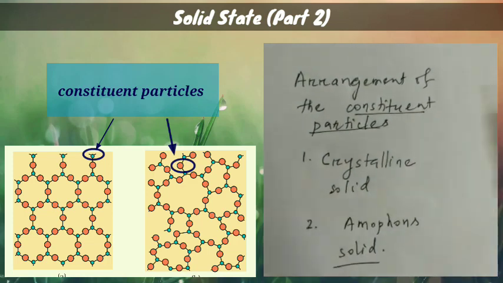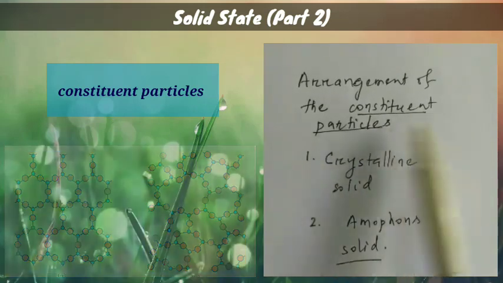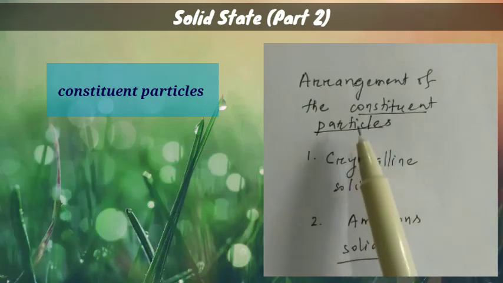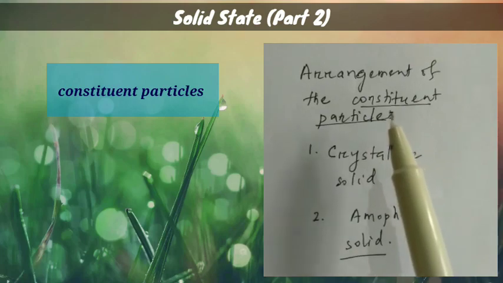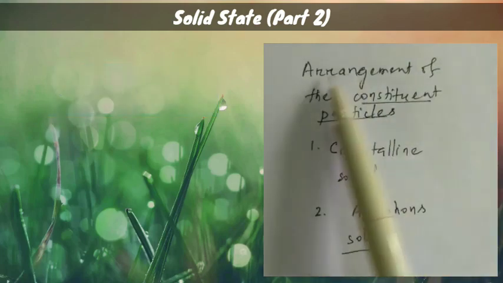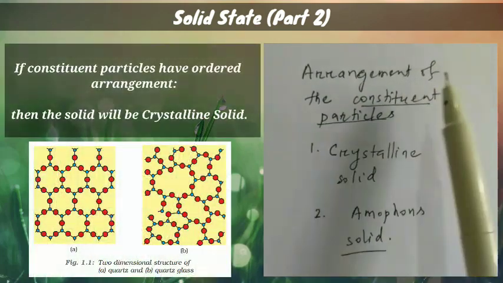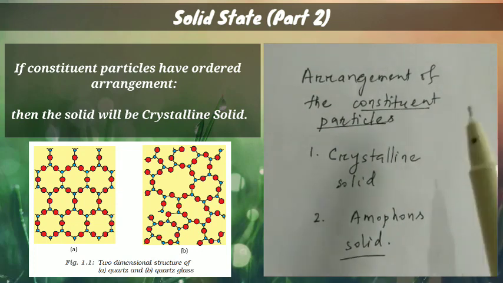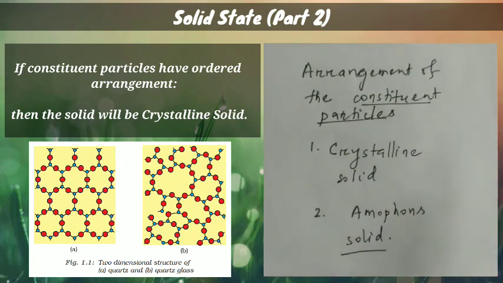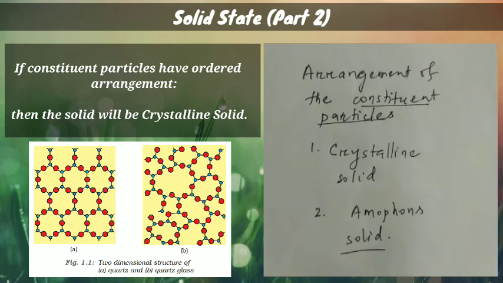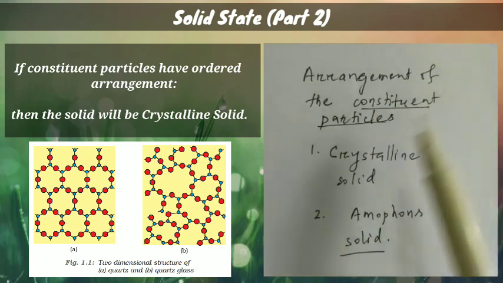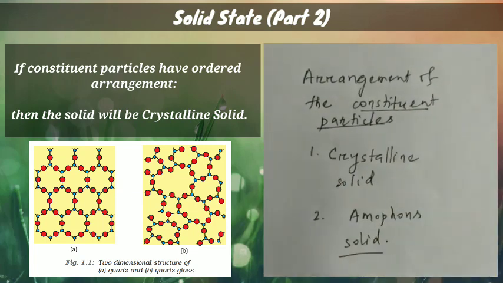If the constituent particles have an ordered arrangement, what does ordered arrangement mean? Their structure will repeat throughout the solid, then that type of solid is a crystalline solid.